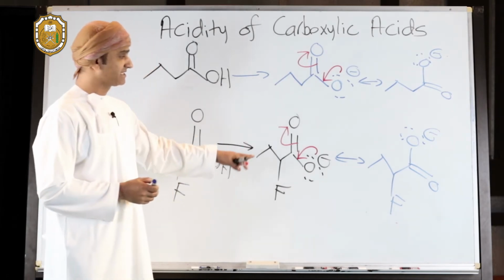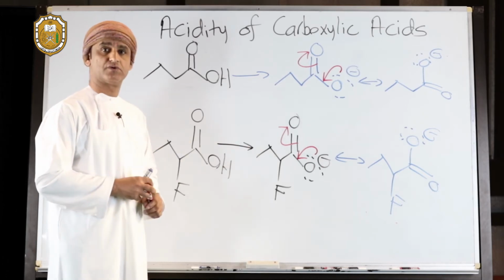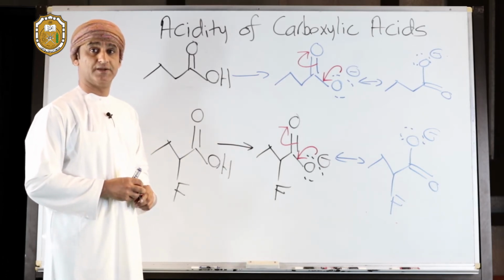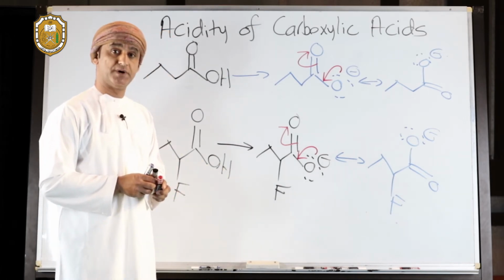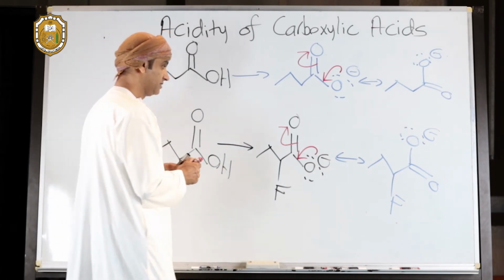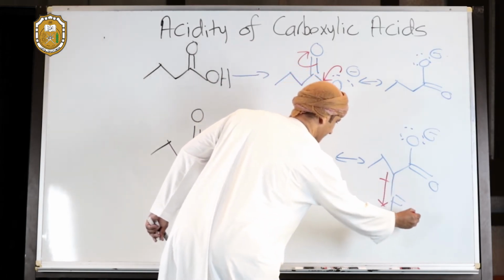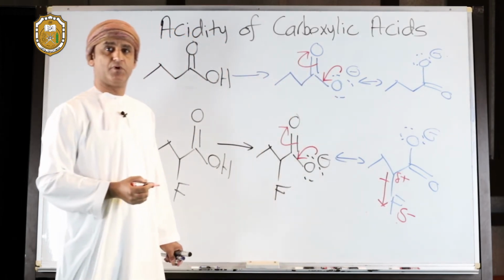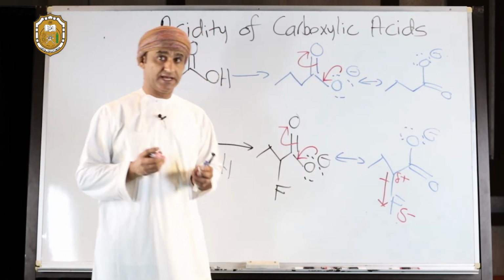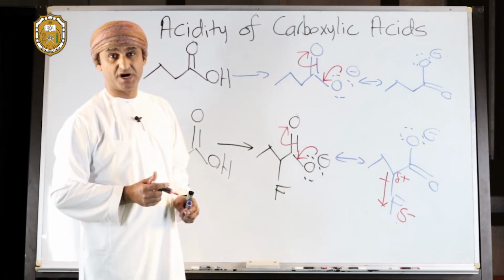But if you look at this carboxylate ion, or this butanoate, it has a fluoro group on position number 2. Now this group is an electron withdrawing group by inductive effect, which actually withdraws electrons toward itself in this carbon-fluorine bond, leaving fluorine with a negative partial charge and that carbon with a positive partial charge.